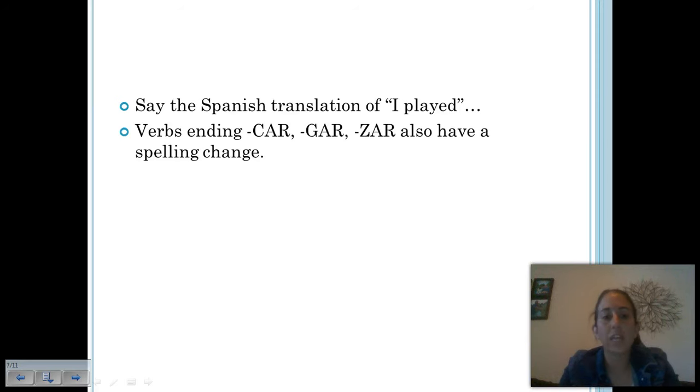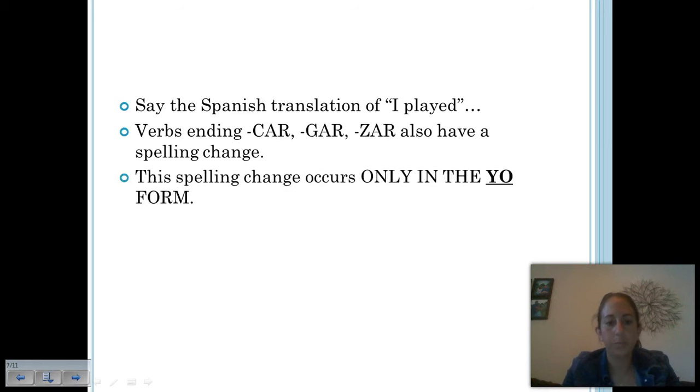But in order for us to spell jugué, we have to make a little bit of a spelling change. Verbs that end in -car, -gar, and -zar also have a different spelling change. The spelling change only occurs in the yo form. All the other forms, tú, él, nosotros, vosotros, ellos, are all going to follow our regular -ar preterite conjugations.